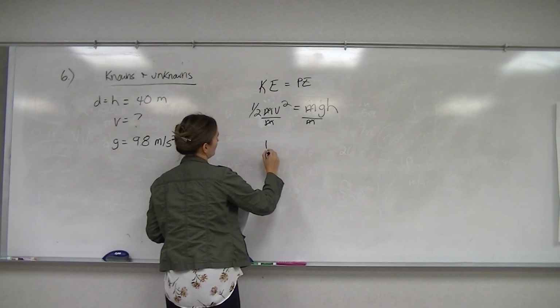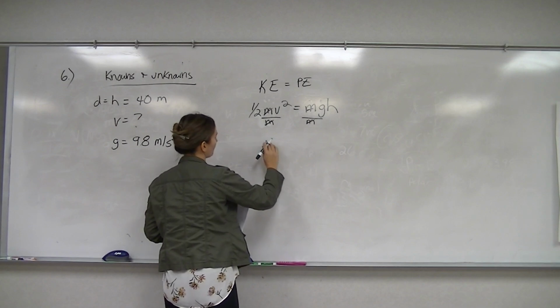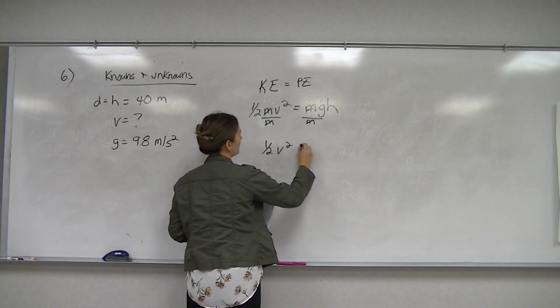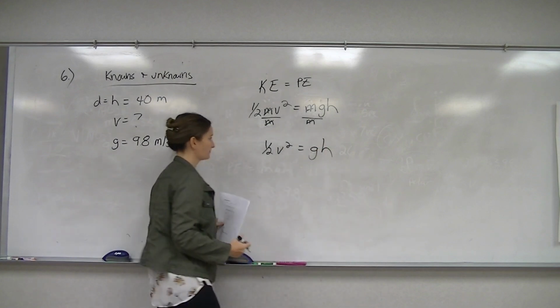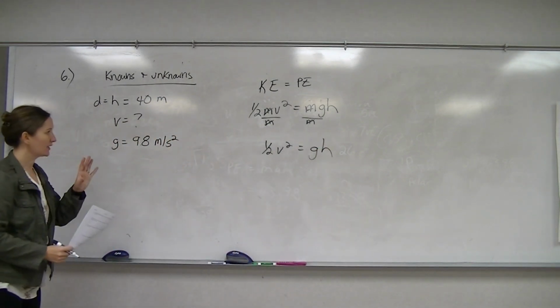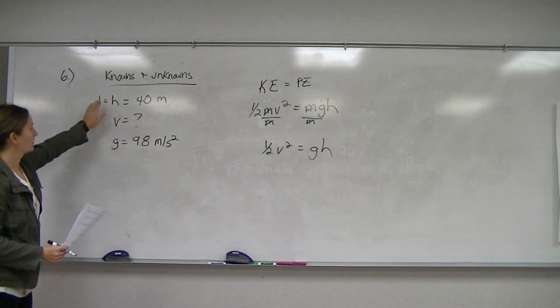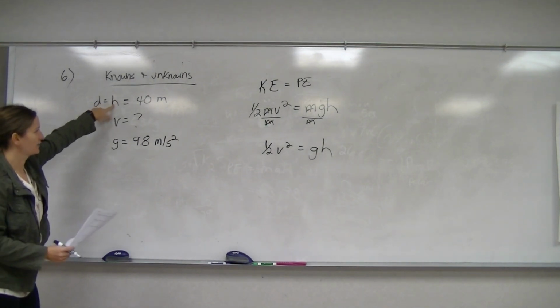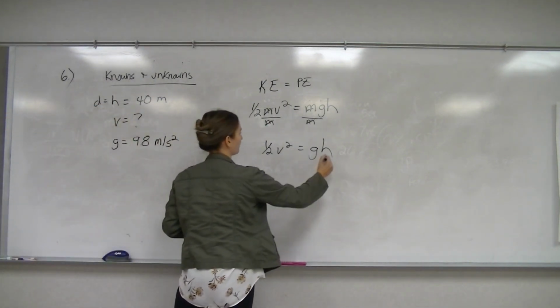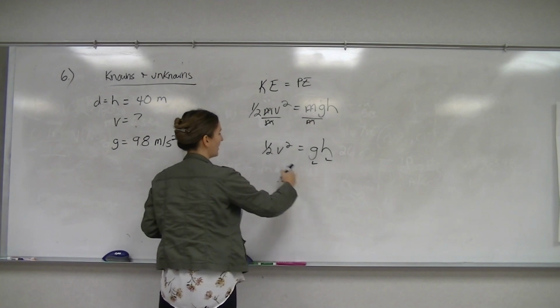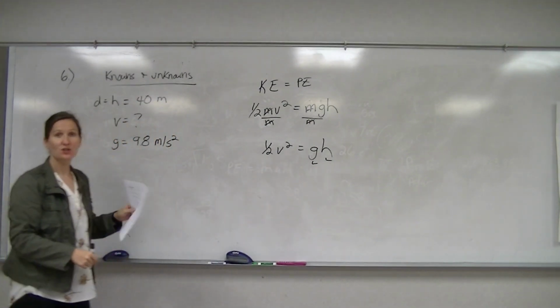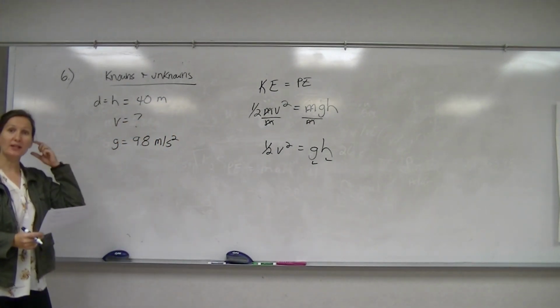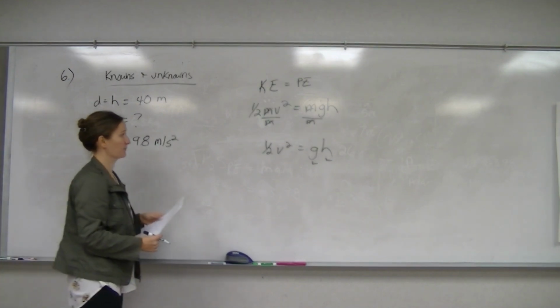So this turns into 1/2 v squared is equal to gh. Now looking at this, I have a height, h. I have gravity, and I'm looking for velocity. So I can rearrange this equation to solve for velocity.